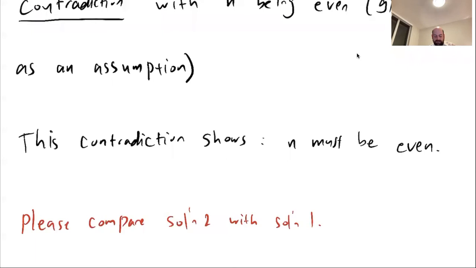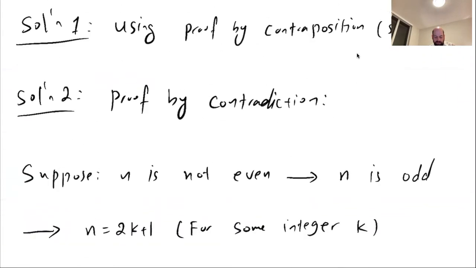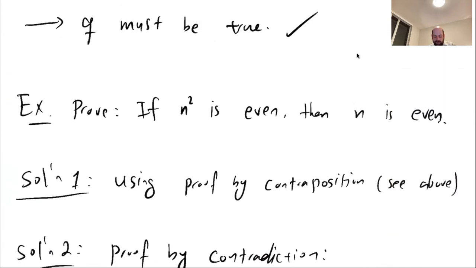So you will see that solution 1, I mean proof by contraposition, and solution 2, proof by contradiction, are very similar. In both of them, we want to show that n is even. And in both of them, we start by saying, okay, let's assume n is not even. We start by negation q, in other words.